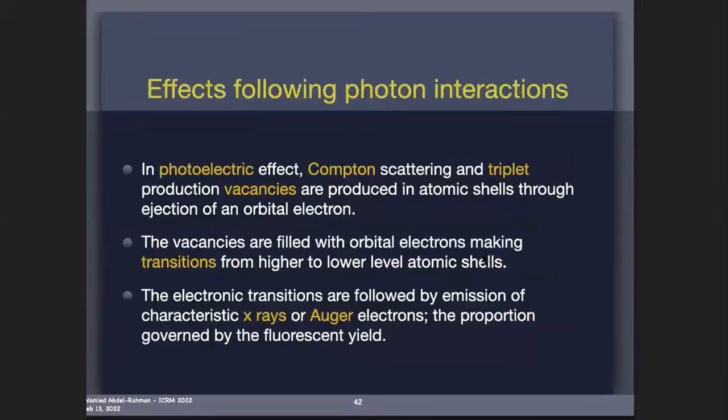Effects that follow photon interactions: for many of these interactions, for example, photoelectric or Compton, a vacancy is produced. And when a vacancy is produced, this is usually followed by relaxation of the atom, either emission of characteristic X-rays or emission of Auger electrons.